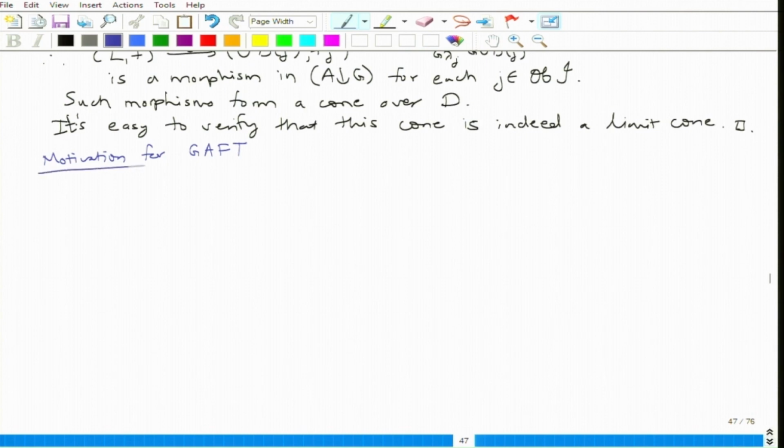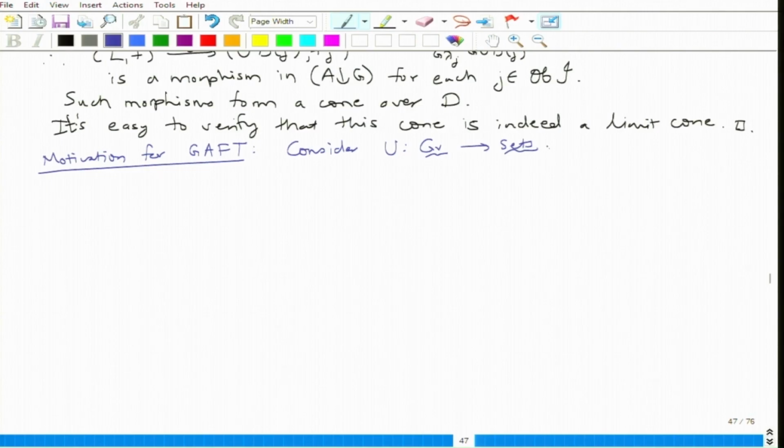So, motivation for GAFT. Consider the forgetful functor from groups to sets. Now, does this functor have a left adjoint? Yes, what is it? The free group functor, very good. But let us assume that we don't know. We want to construct it, so we don't know.